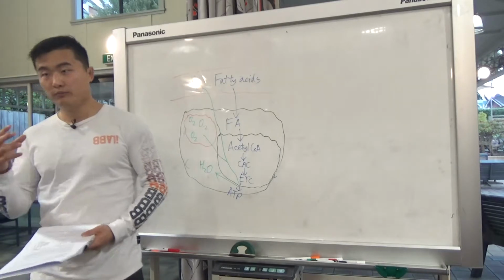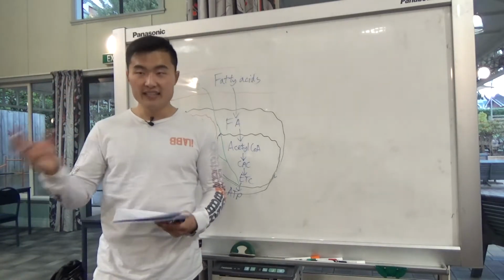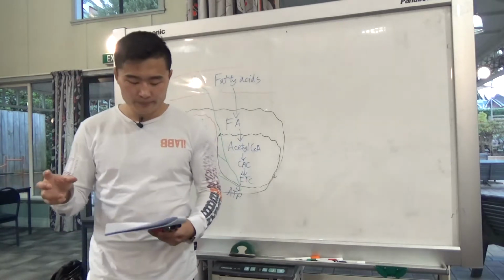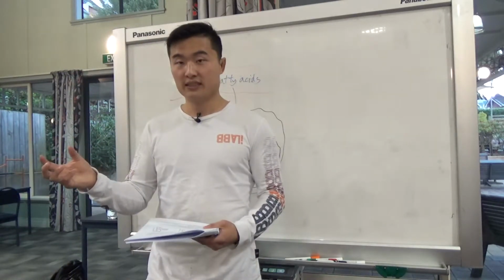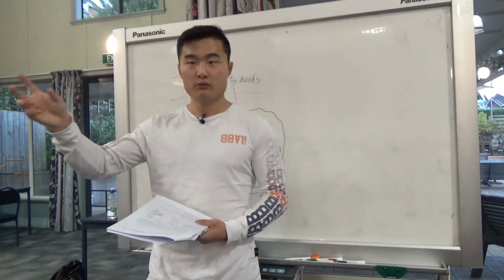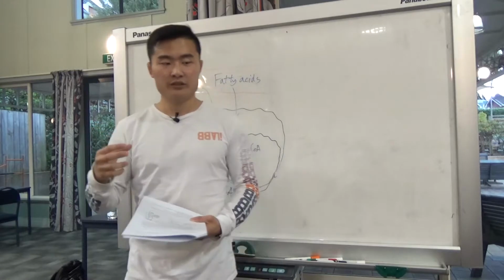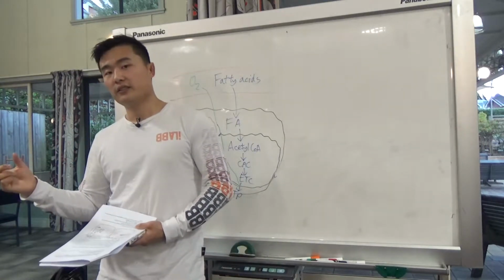So remember that your brain doesn't require insulin to take up glucose. Your brain has glucose transporters that are always present, no matter whether you have insulin or not, because the brain can only use glucose or ketone bodies for energy.